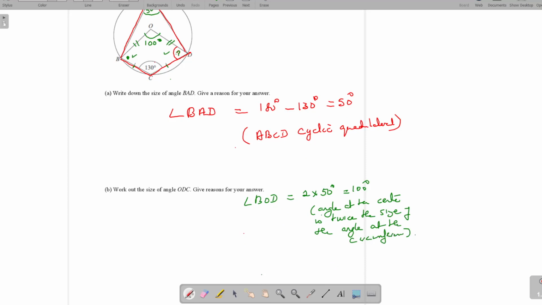Now if you take the quadrilateral OBCD, we know OB is equal to OD, radius. BC is equal to CD, given.